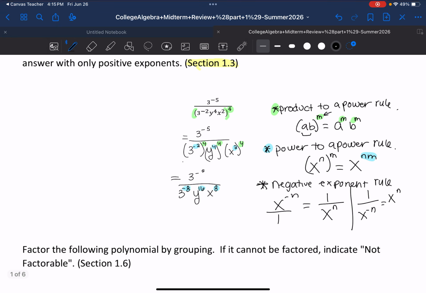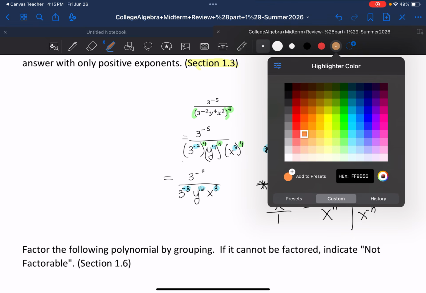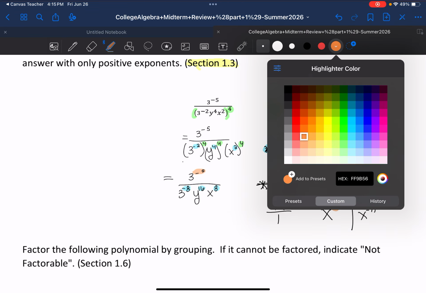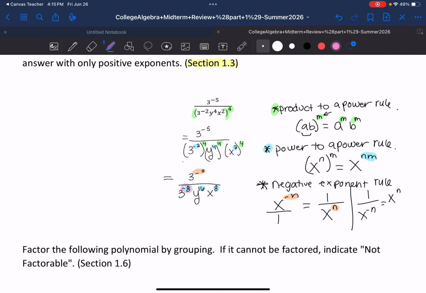So when you have a fraction like this, if you have a negative exponent in the numerator, like we do here, then I'm going to bring that to the bottom of the fraction and make it positive. And if I have one in the denominator, like I do here, then I'm going to bring it to the numerator and make it positive. So I'm just really going to flip those two.